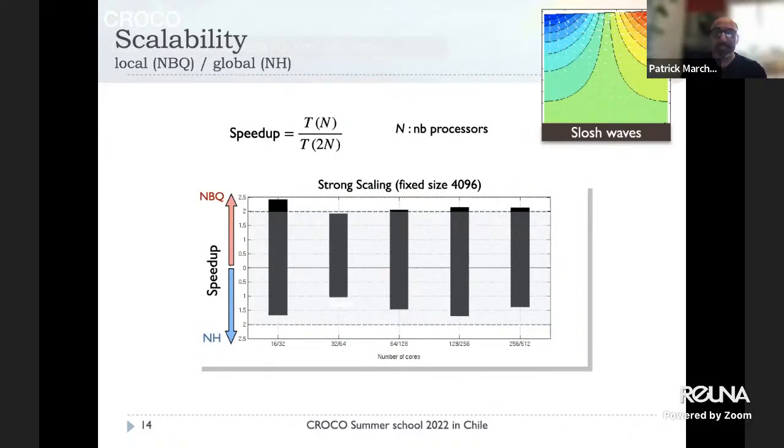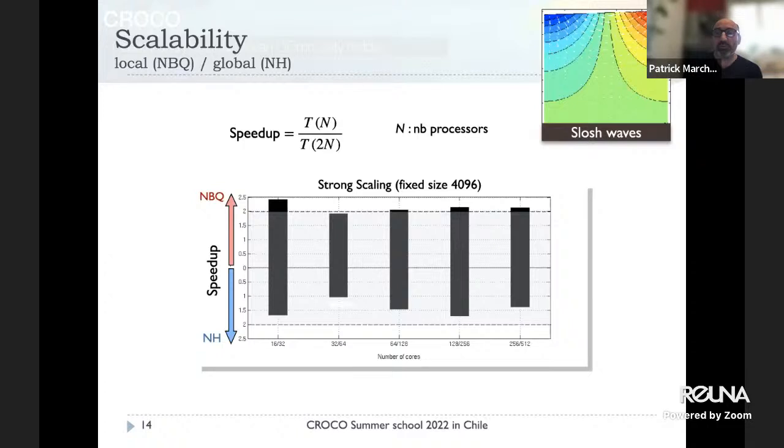And this slide is here to illustrate the aspect of parallelization and scalability. We analyze that in terms of speed up, which is the computational time required to integrate a solution. Here, it is a solution of a sloshing wave, which I will present a bit later.